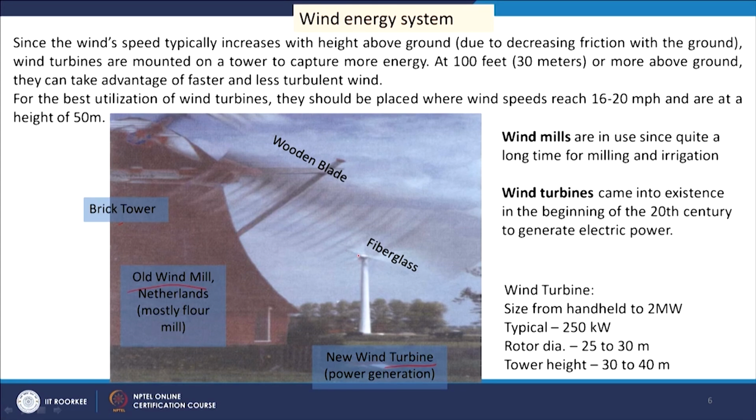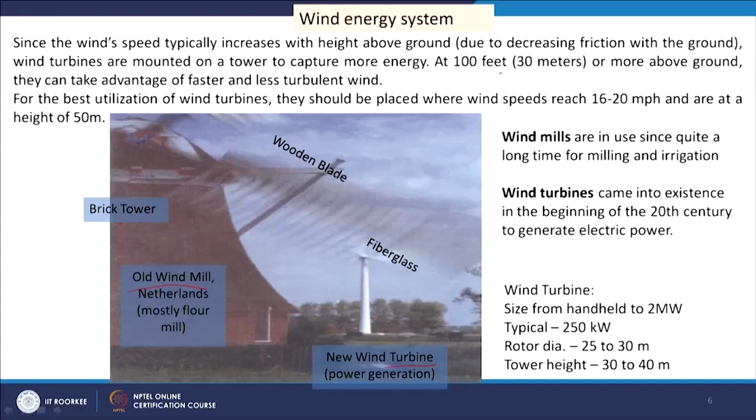The height is required because as you go up the wind velocity increases. At the surface there is more resistance, so wind velocity is less, and if we go up the velocity will be higher, and the more the velocity, obviously the more the energy potential. Around 30 meters height the windmill is installed here. That is the old model.